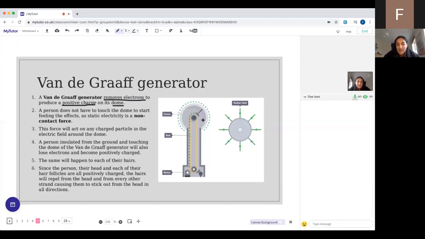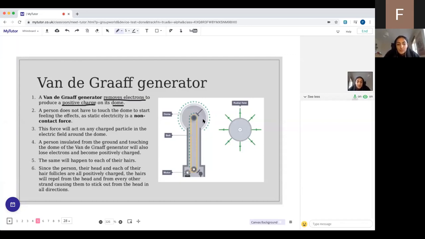The second step, and it's not so much a step, more of a fact about the generator that we need to take into account, is that a person does not have to touch the dome to start feeling the effects. As static electricity is a non-contact force, as we mentioned earlier, you don't actually need to be touching it to feel the effects of the force. You just need to be in the vicinity of it and close enough so that it can affect you.